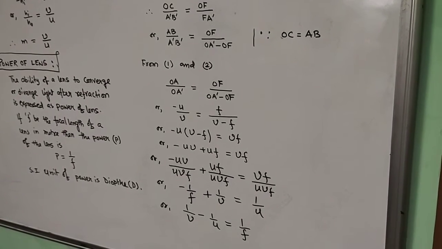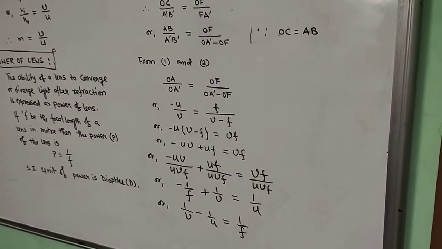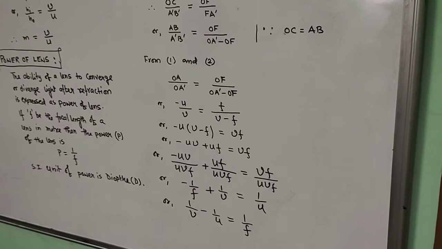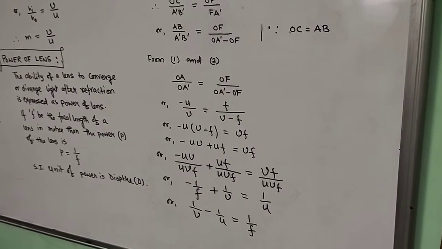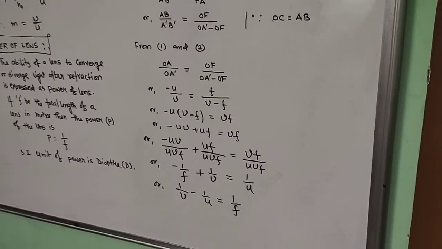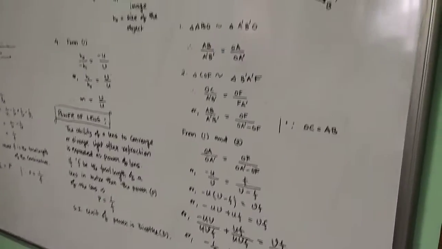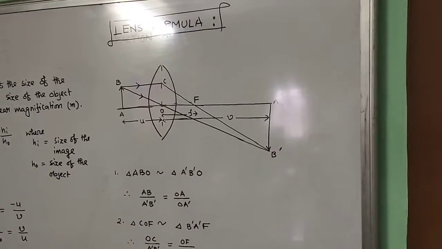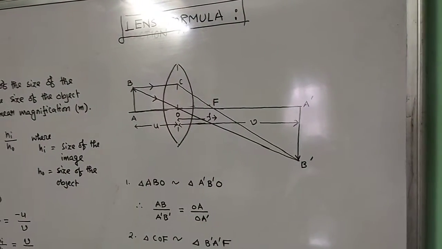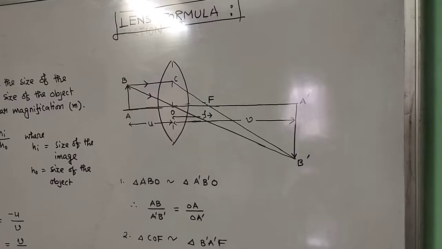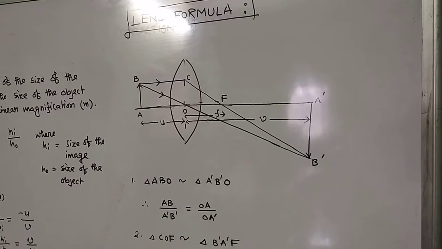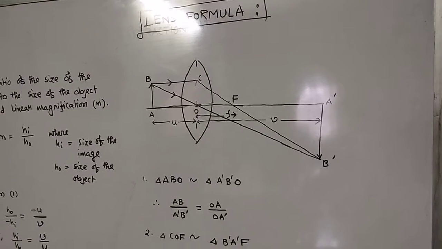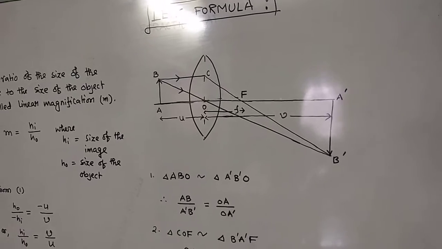Rearranging, 1 by v minus 1 by u equals 1 by f. So this is the lens formula, defined for a convex lens forming a real image. The geometry is the same, so try at home for a convex lens producing a virtual image as well as a concave lens producing a virtual image.